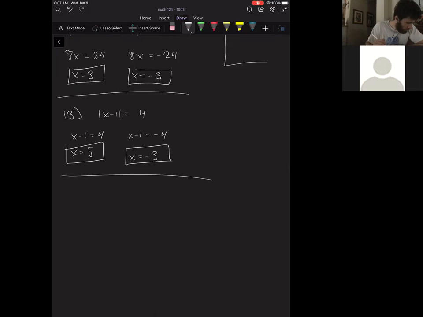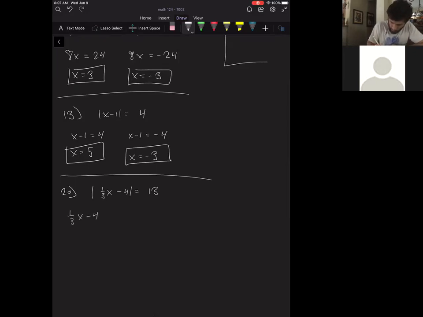What about 20? So 20 says the absolute value of 1/3 x minus 4 is equal to 13. So just like before, we have the inside, 1/3 x minus 4.